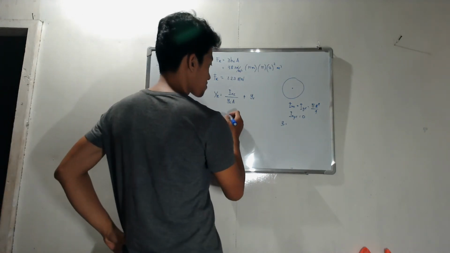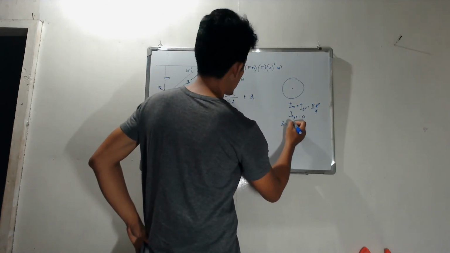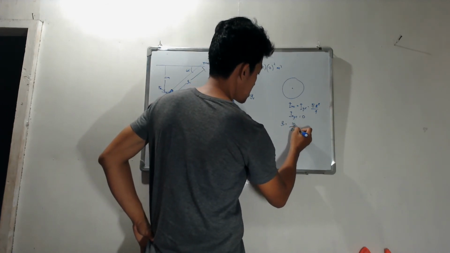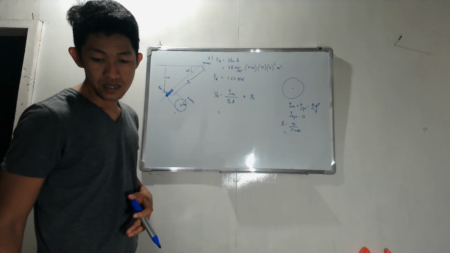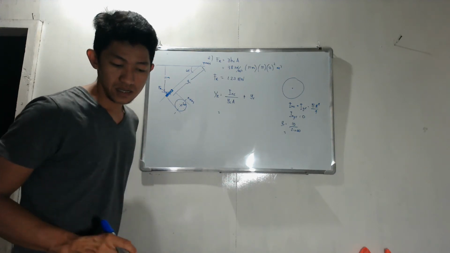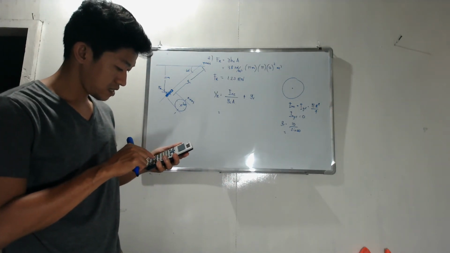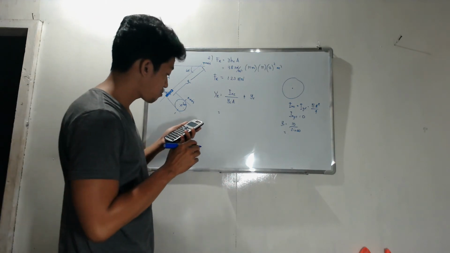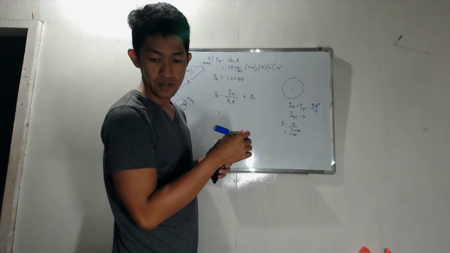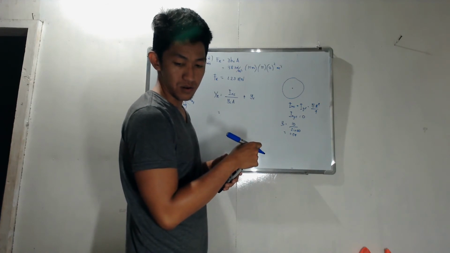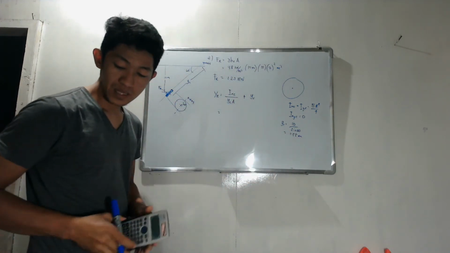So y sub C is just 10 over sine 60, which is 11.547, about 11.55.